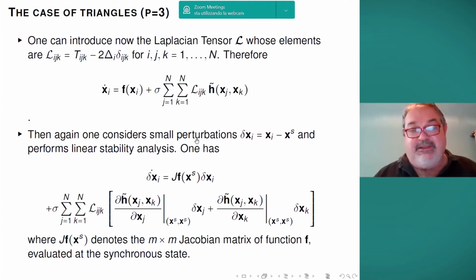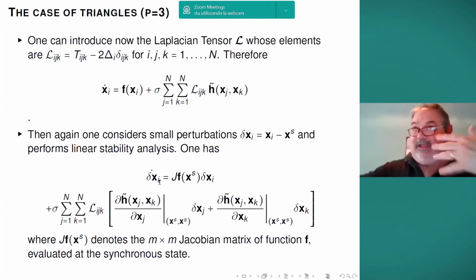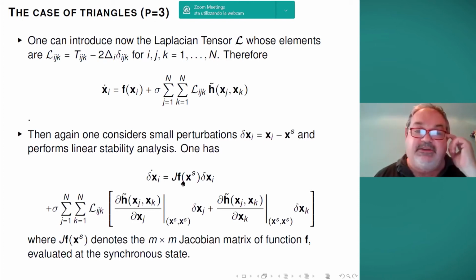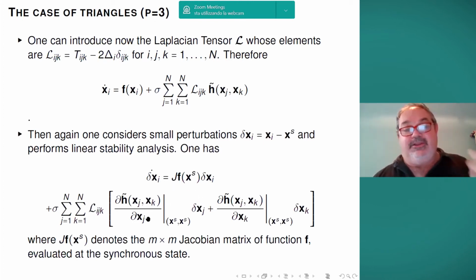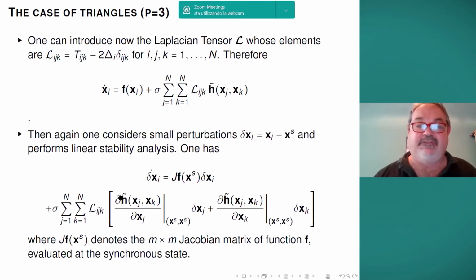You can consider again the delta x_i, the error vector from the synchronization manifold. And now when you calculate the Jacobian, you have to calculate the Jacobian of f in x_s. It's the same, but when you calculate the Jacobian of h, you have a first part in which you differentiate with respect to x_j times delta x_j, plus a second part in which you differentiate with respect to x_k times delta x_k.